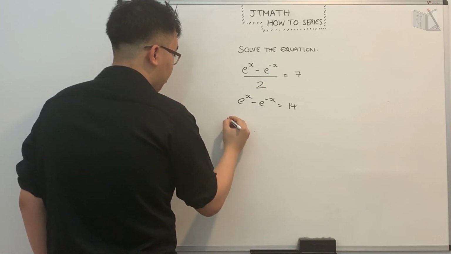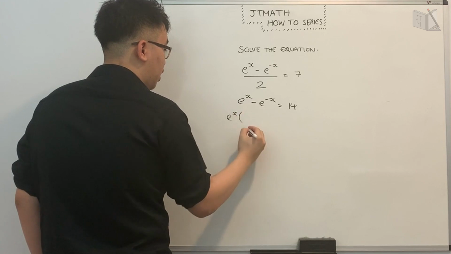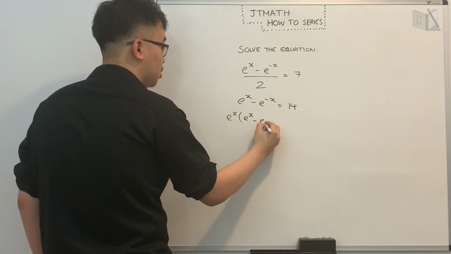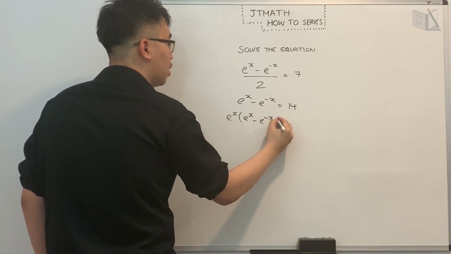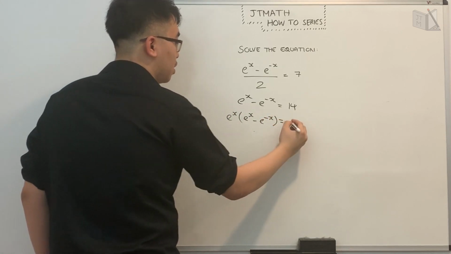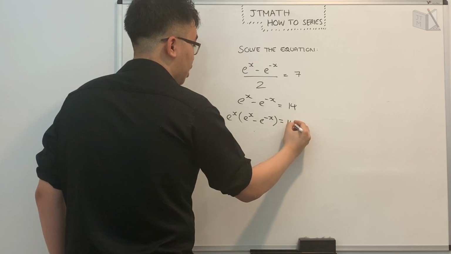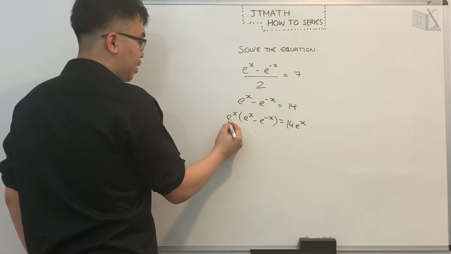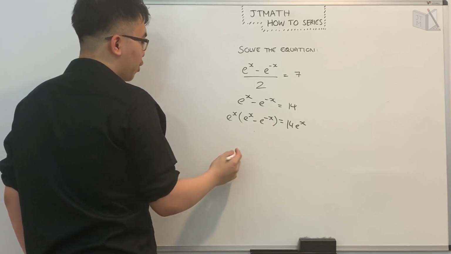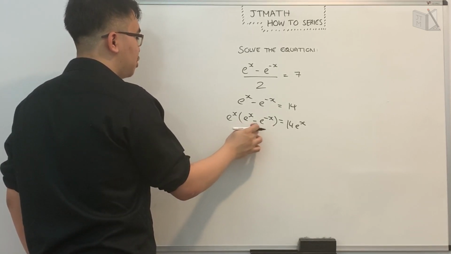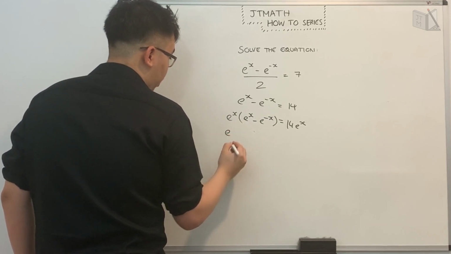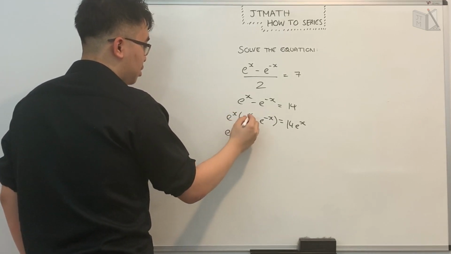So we're going to have e^x multiplied by both of these terms equals 14 times e^x. Now since we've got the e^x in this bracket, we're going to distribute e^x to each of these two terms. So then we would have e^x times e^x.